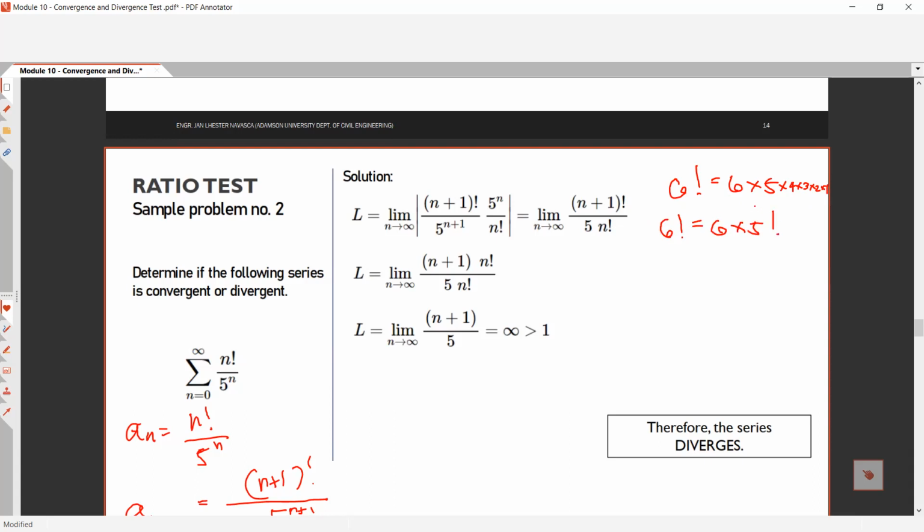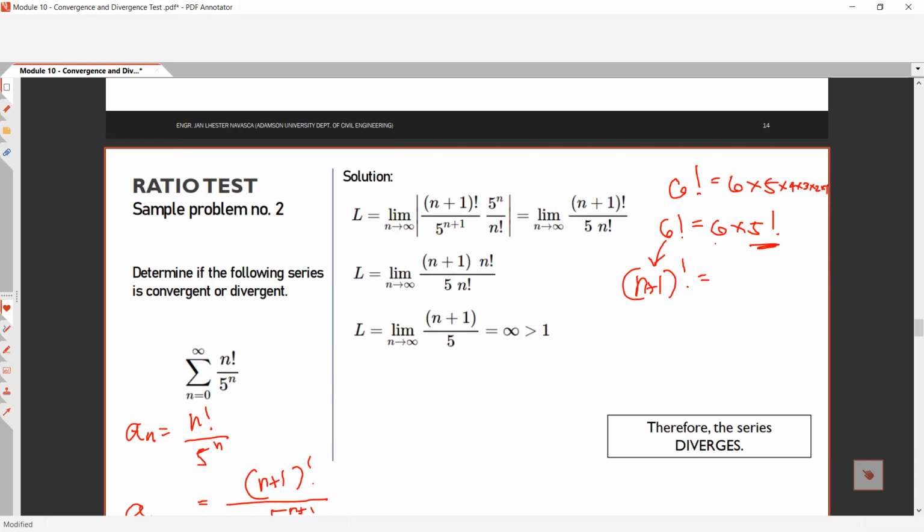Tama ba? Since 5 factorial is 5 times 4 times 3 times 2 times 1. So rewriting this into a general formula for this sample problem, this is n plus 1 factorial.